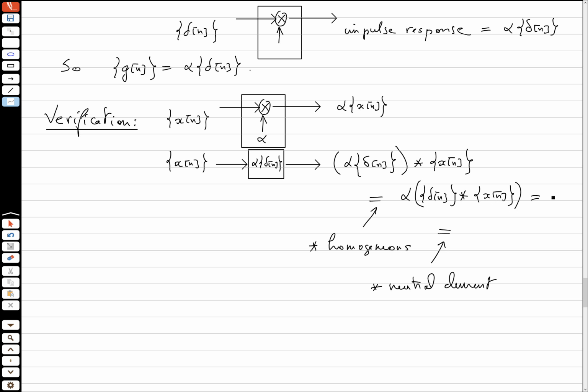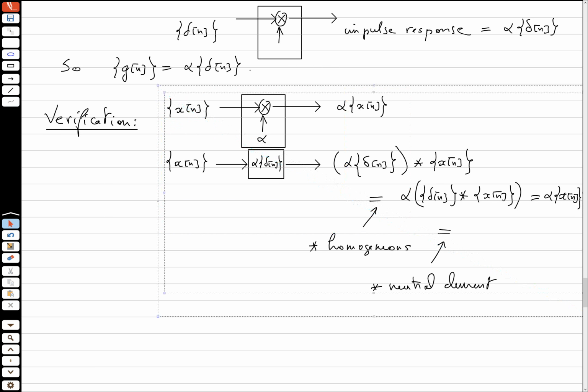And you find alpha x of n. And they are equal. All right, so we are done.